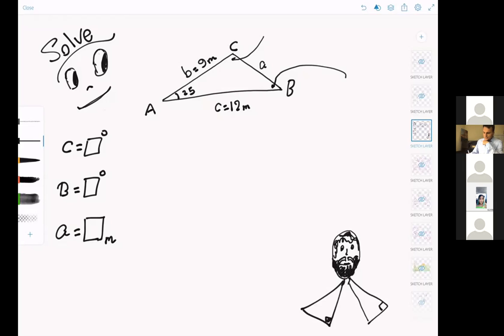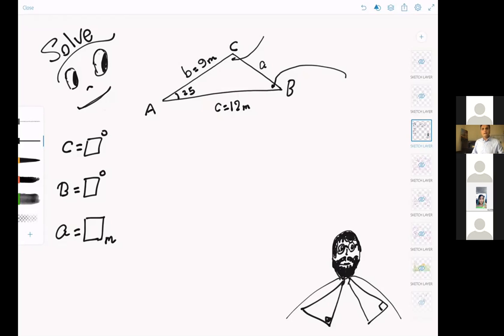So when we cannot use the Pythagorean theorem, that means we are left with the law of sine. Can we use the law of sine? So Pythagorean is out.